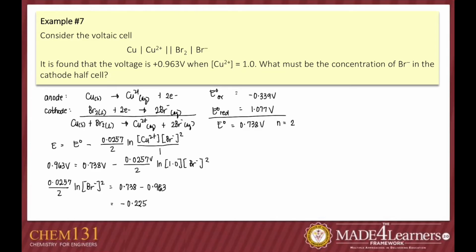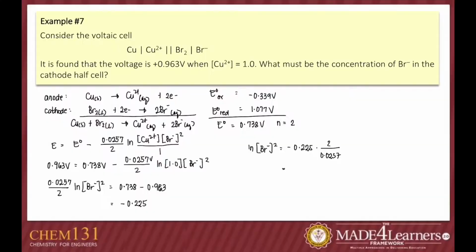And then we cross multiply. Ln of Br negative squared equals negative 0.225 times 2 over 0.0257. And that gives us an answer of negative 4,500 over 257.